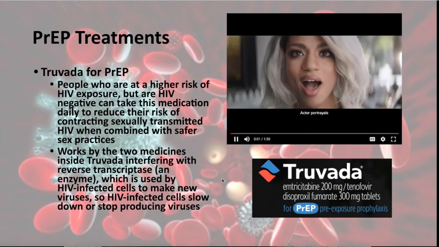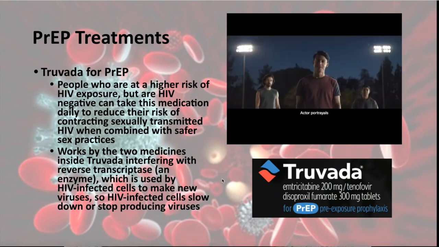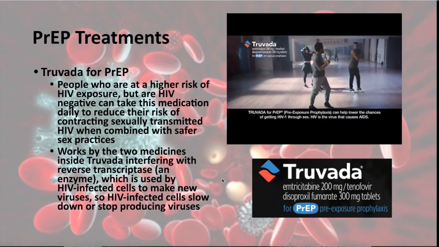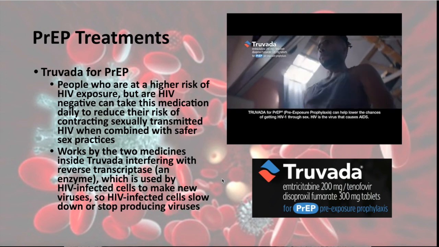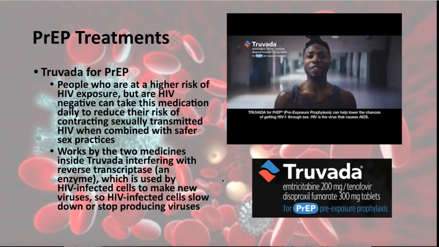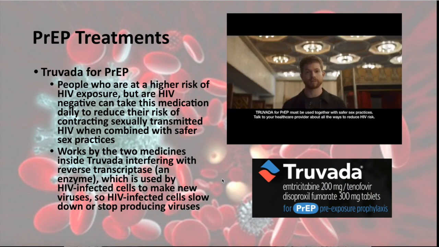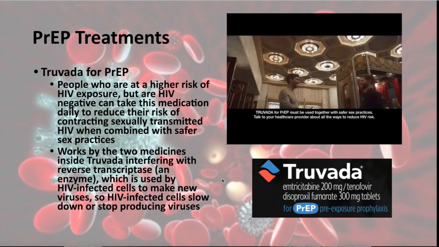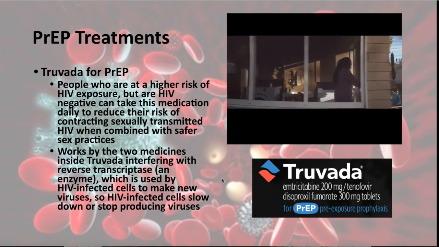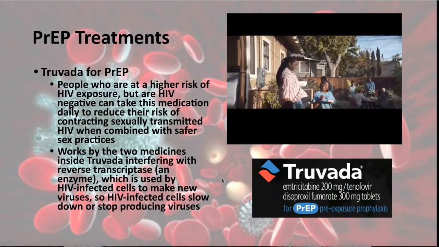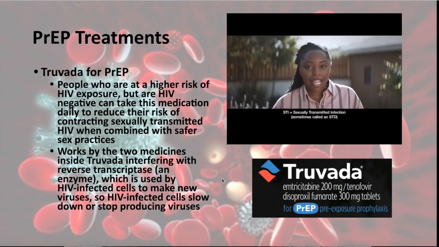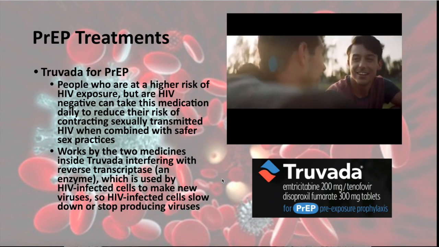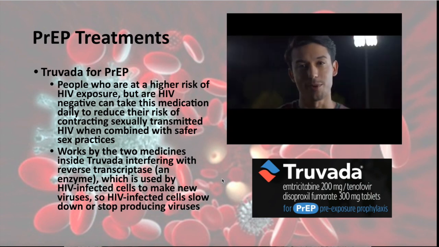I'm on the pill. But it's not birth control. It's Truvada for PrEP, a once-daily prescription medicine for adults that, when taken every day along with using safer sex practices, can help lower my chances of getting HIV through sex. I use condoms, but I talked to my doctor about doing more. Truvada alone may not keep me from getting HIV, and it does not prevent other STIs or pregnancy. You must be HIV negative to take Truvada for PrEP, so you need to get tested for HIV immediately before and at least every 3 months while taking Truvada.